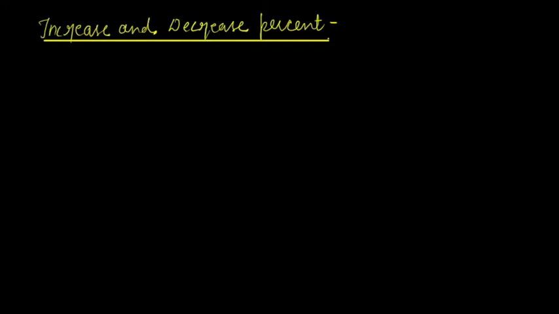So increase and decrease percent means what? Suppose an item's cost is rupees 200, right? And if I am saying that by the time of 2 years or 3 years, the cost has increased and it has become suppose 500 over the period of time. So how much percent it has increased is your increase percent, right?